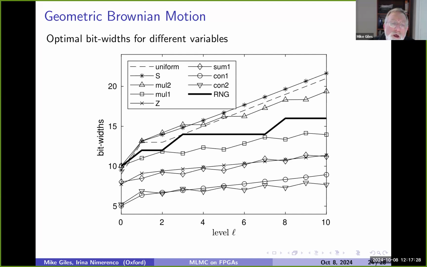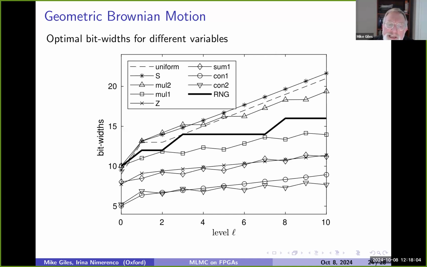Okay, and then we have separate curves for each one of the other variables in the calculation. So we see that we need the greatest accuracy for the values of the path itself, S. And that's to be expected, because you're constantly adding a small quantity to S as the path evolves. And you want to make sure that you're not losing a lot of that extra delta S that's being added on. And so S needs a large number of bits.